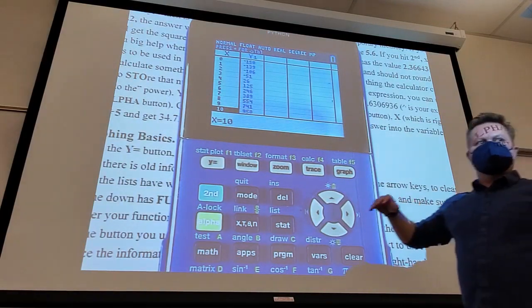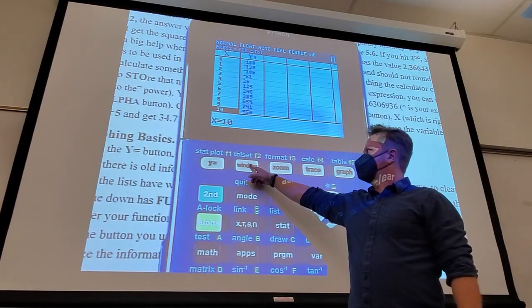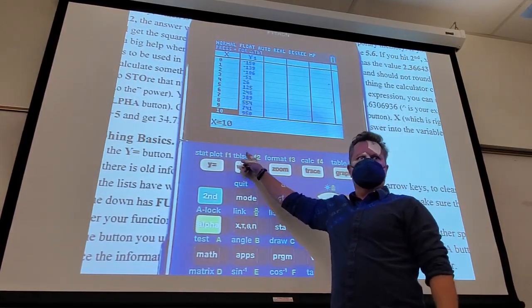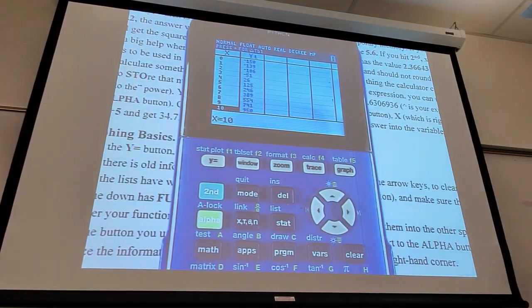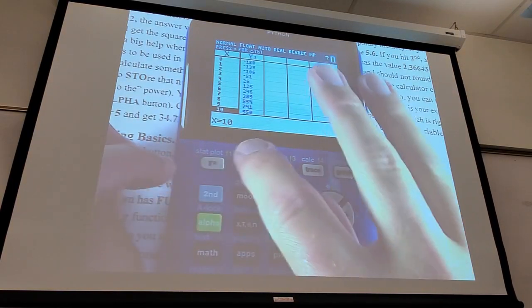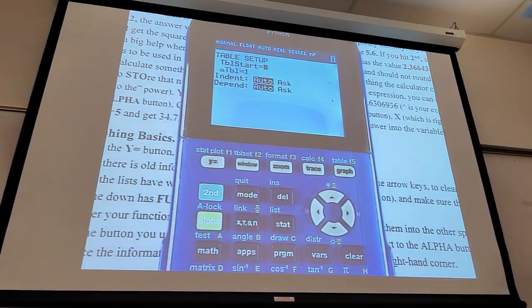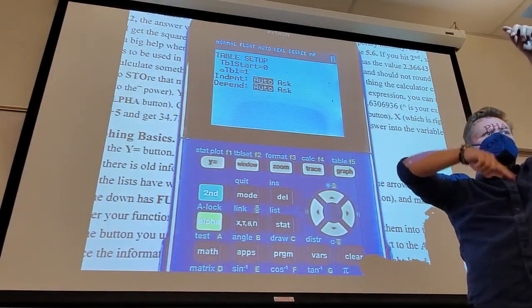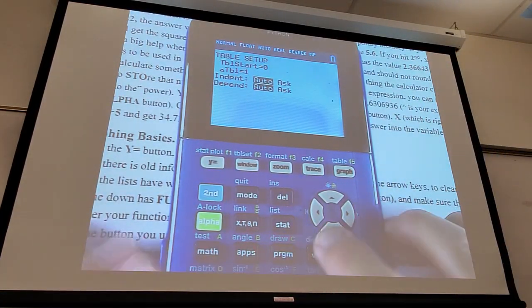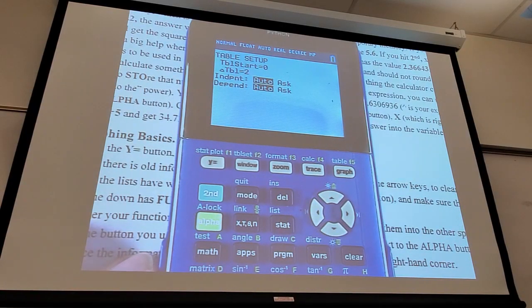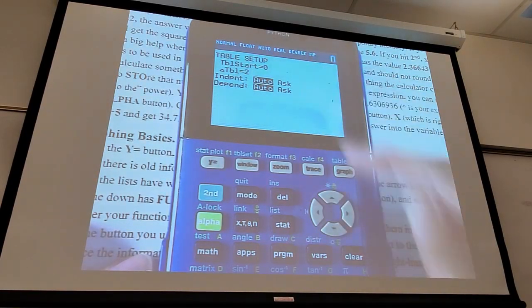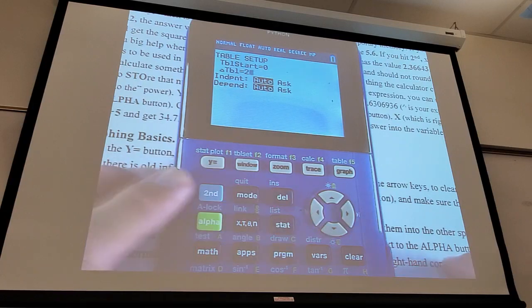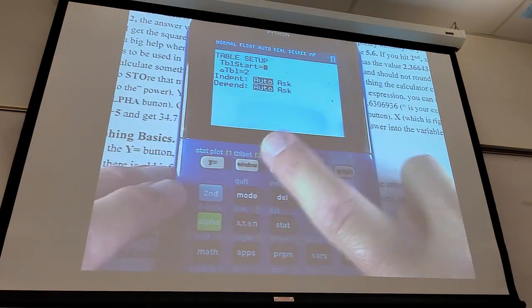Now there's a very interesting sounding function, table set. If you go to table set, second window, I can control where the table starts. I can control how big of a step it does. So watch this. If I just change this to 2, does everybody see this menu on your calculator? Second window, table set.